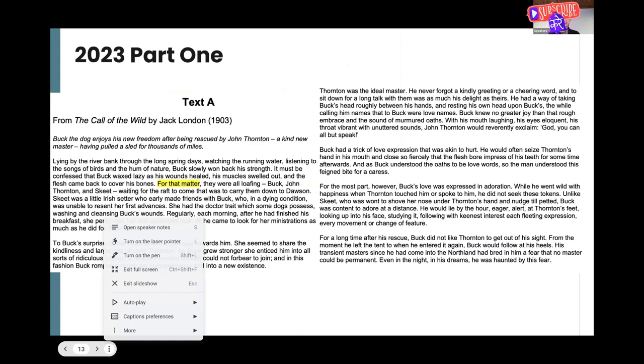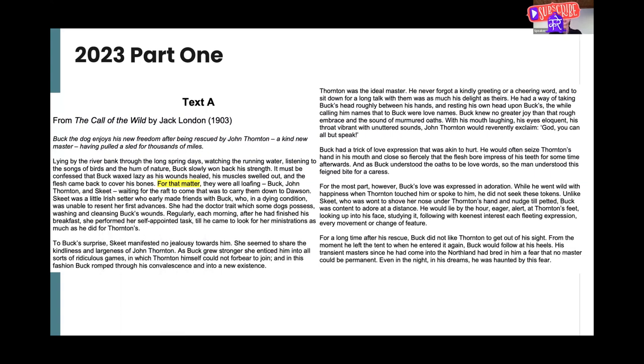His transient masters, since he had come into the Northland, had bred in him a fear that no master could be permanent. Even in the night, in his dreams, he was haunted by this fear. So there we see our haunted. So although they do talk about the captors, there's no direct correlation between him fearing for the captors' return, but more so what the captors had bred into him, which is a fear of losing his master, as we can see by a fear that no master could be permanent.